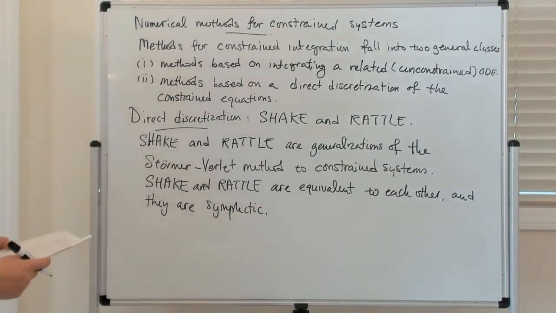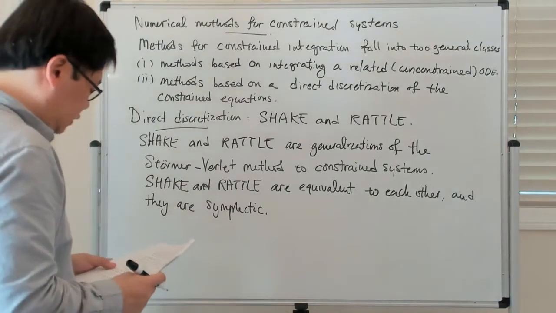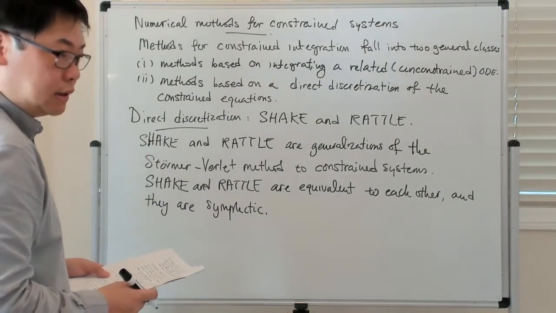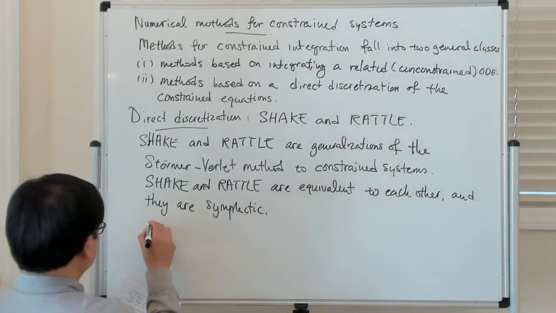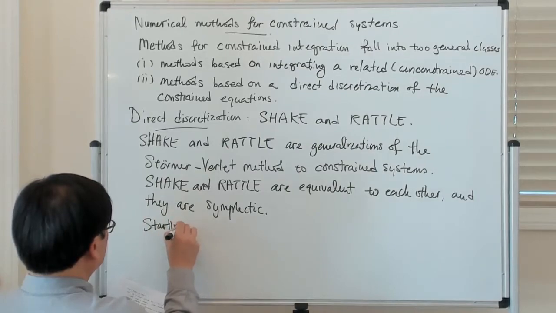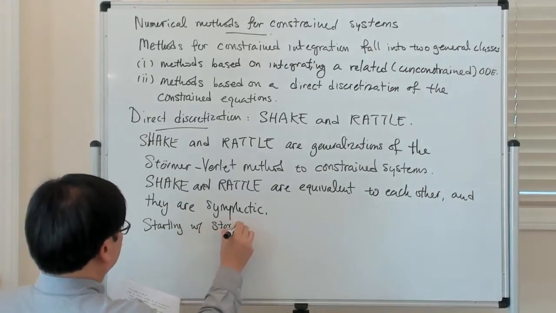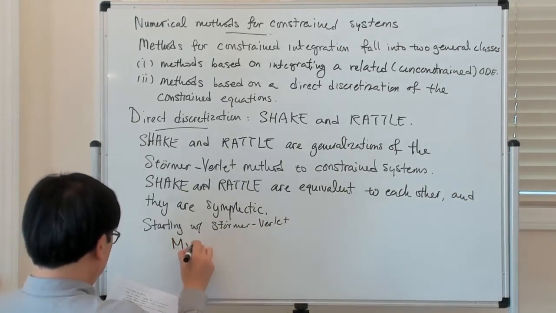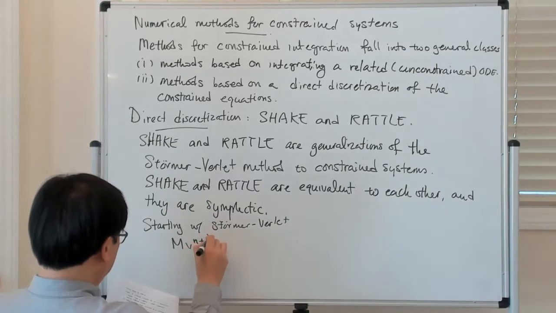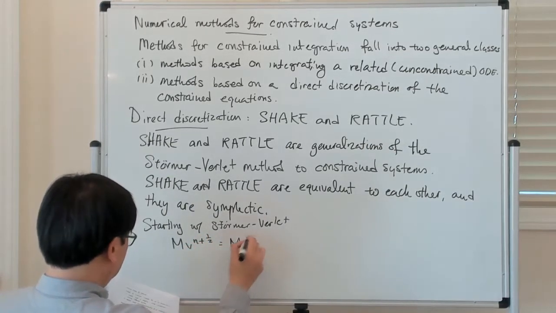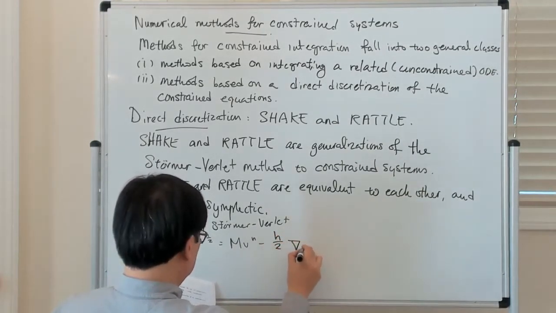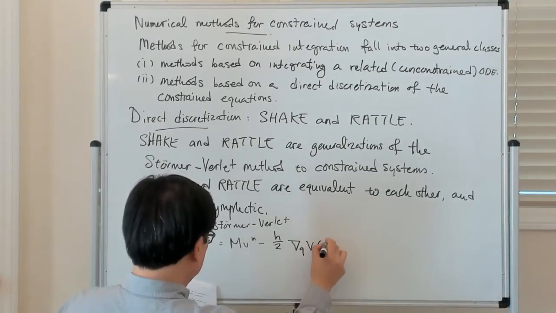So what I'm going to do is start with the Störmer-Verlet method and then look at how you can modify it to deal with the constraints. Starting with Störmer-Verlet: you have mv at the half step equal to mv at the original step minus h over 2 times the gradient of the potential at the initial time.